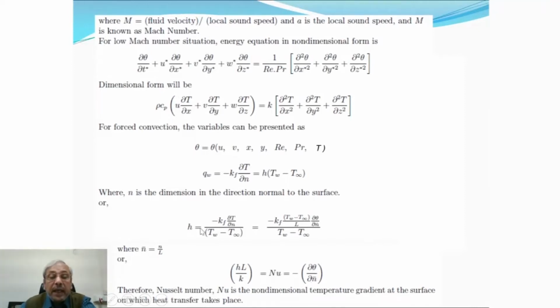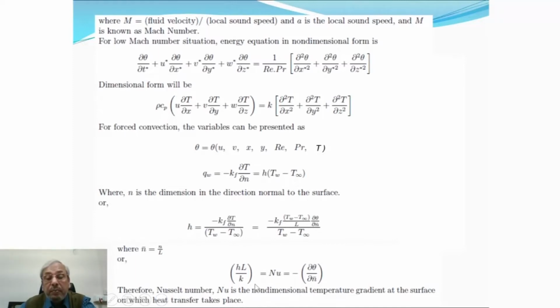And this HL by KF, this is K fluid, is a very important non-dimensional group which is known as the Nusselt number, named after again a famous German scientist, Wilhelm Nusselt. Just I would like to remind you that we were introduced to one similar number which was the Biot number.